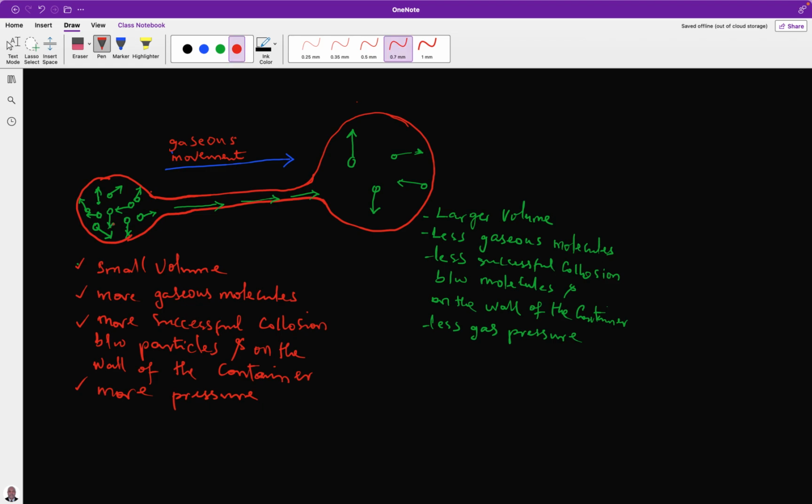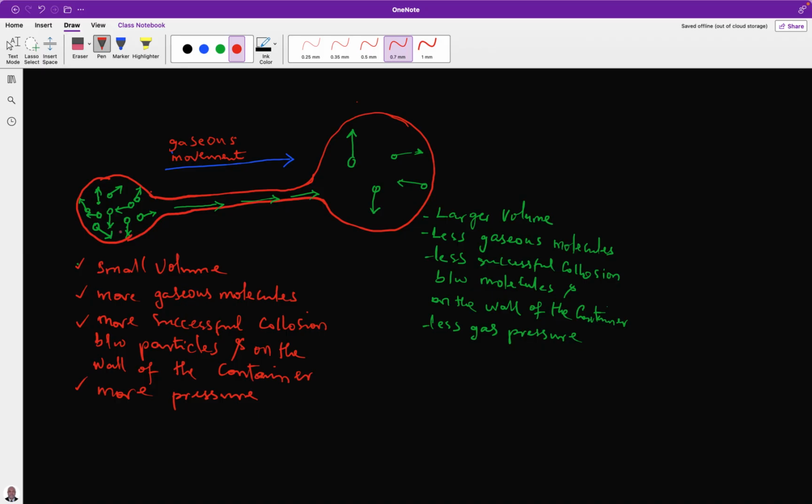On this other side, this is a larger volume with fewer gaseous molecules, with less frequent collision between the particles and the walls of the container, thus exerting less pressure. Between these two sides, there is high pressure here and less pressure here. When there is high pressure here, what happens?